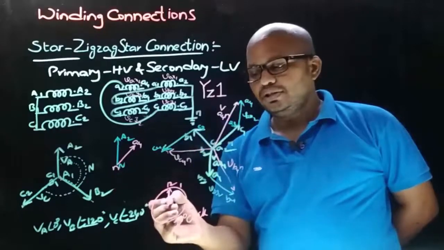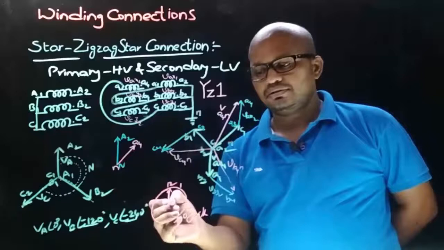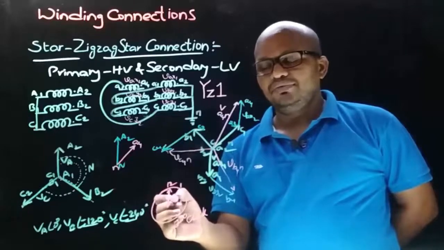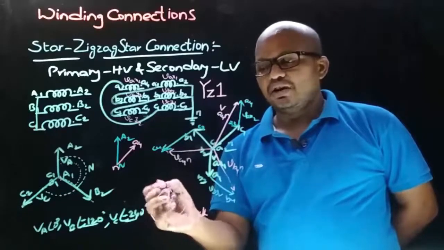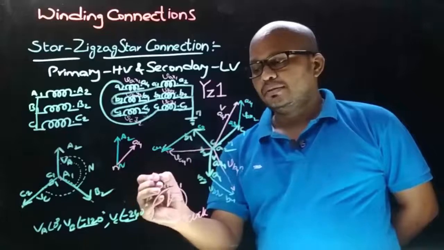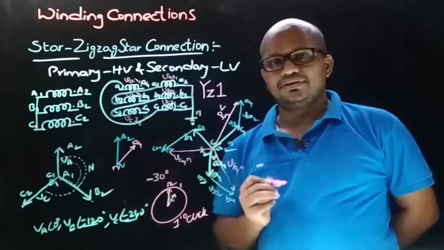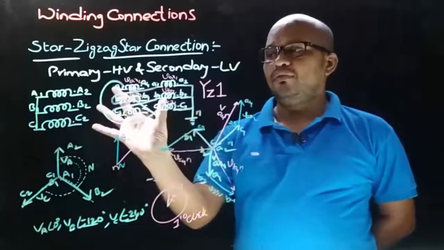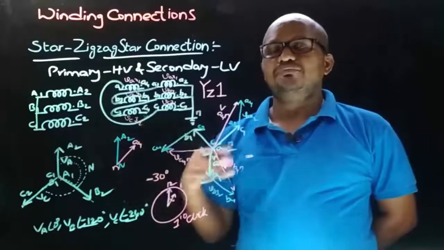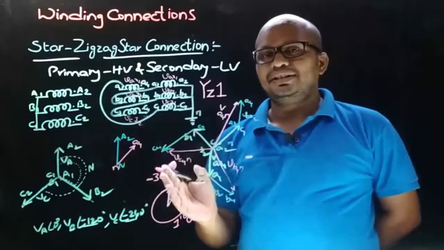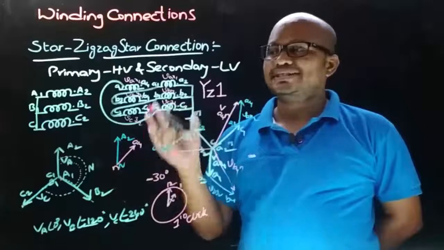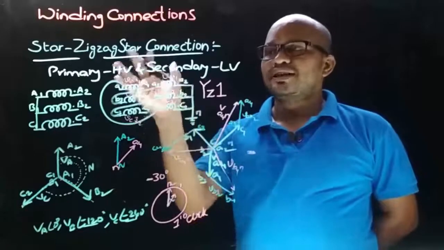If you measure in the clockwise direction, then the angle between the minute needle and the hour needle is minus 30 degrees. Therefore, with this type of zigzag star connection, we got a phase displacement of 30 degrees lag. Now let's see the second possible connection of the star zigzag connection.